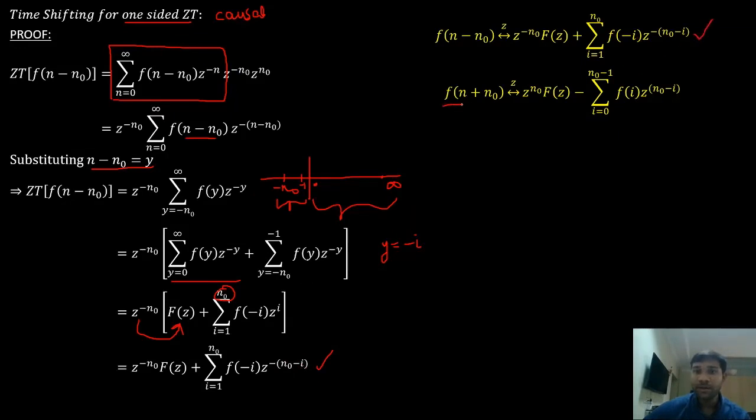Similarly, you can derive the one-sided z transform for f of n plus n naught, and you can verify it to be equal to z power n naught into f of z minus summation I equals 0 to n naught minus 1 f of I z to the power n naught minus I. So this you can verify.